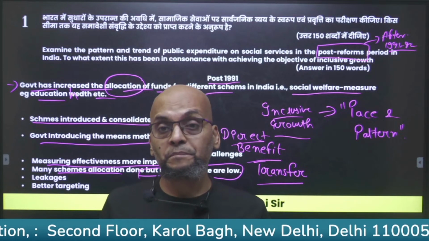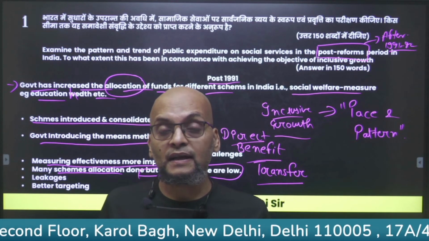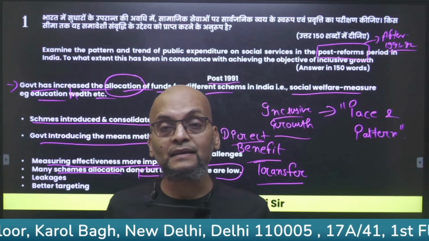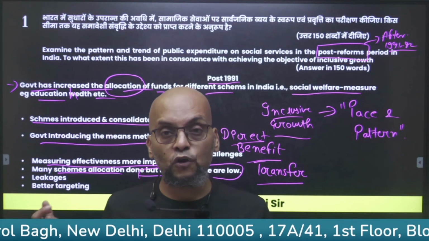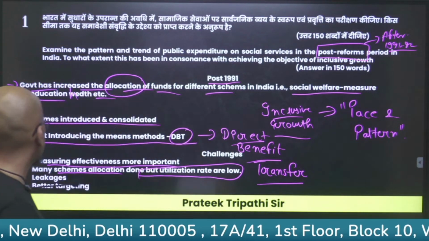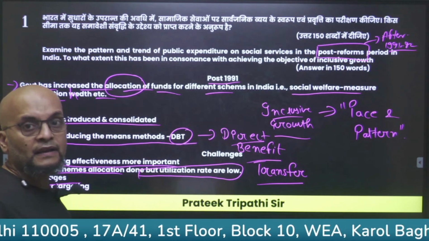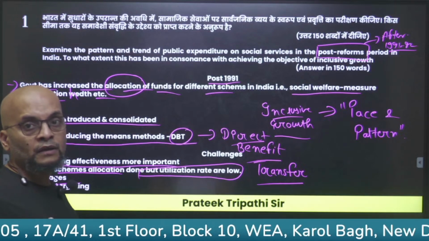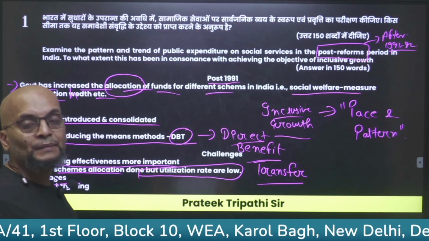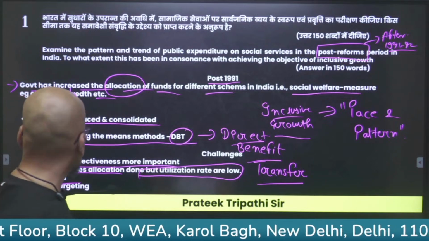That means there are discrepancies and other elements are taking advantage of it. So government has to measure the effectiveness. As I told you, leakages are there, funds are getting transferred, or other people who do not need the money are getting the money and using it.